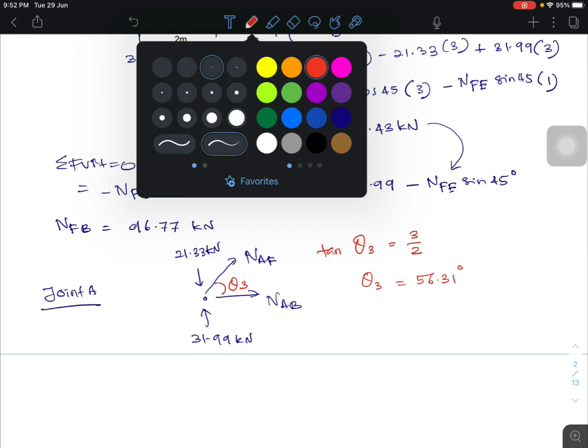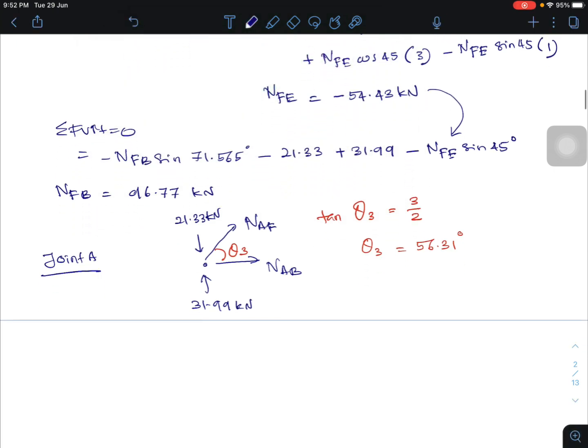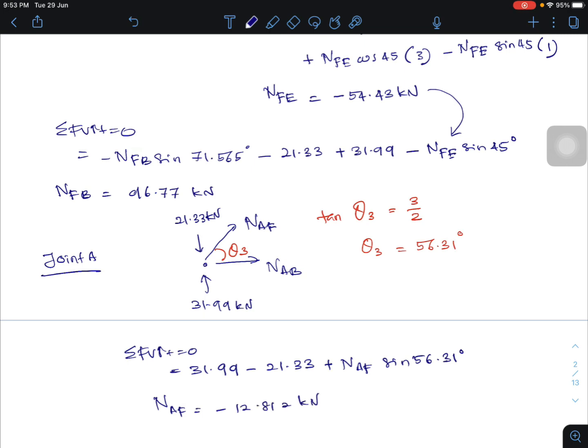So we use vertical equilibrium equation to solve this internal force. Fv going up positive equal to 0, so equal to 31.99 minus 21.33 plus NAF sine theta 3, or sine 56.31 degree. And NAF, force for member AF, becomes negative 12.812 kilonewton.